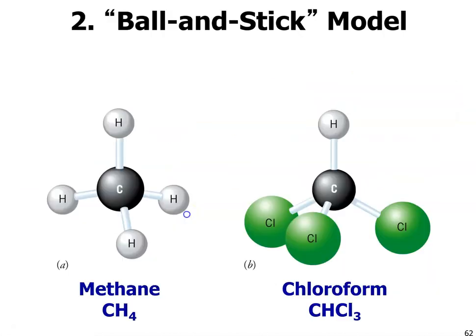We also have the ball and stick model, where they don't have the spheres overlapping, but instead we represent that sharing with these little sticks that represent electrons being shared. So there's a difference between the carbon in the middle, but then here's methane on the left, and then chloroform, where three of those hydrogens are replaced with chlorine. So those little sticks between represent electron sharing or bonds.